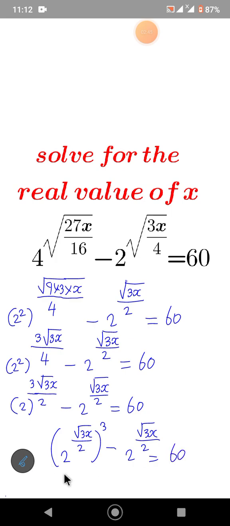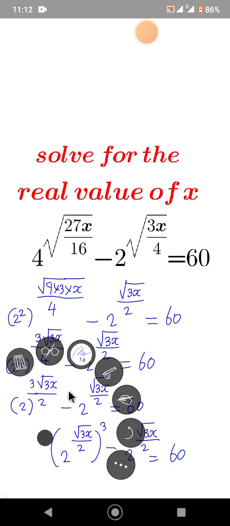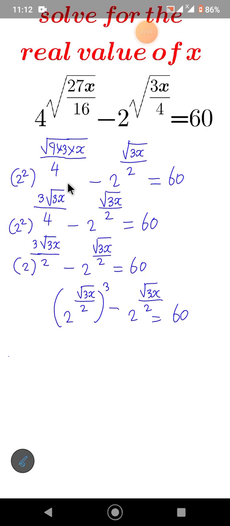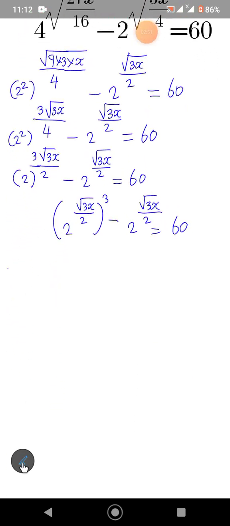So my next step now will be to say, let 2 raised to the power of square root of 3x all over 2 be equal to y. So this expression now is equal to y. Therefore, this is y and this is y.